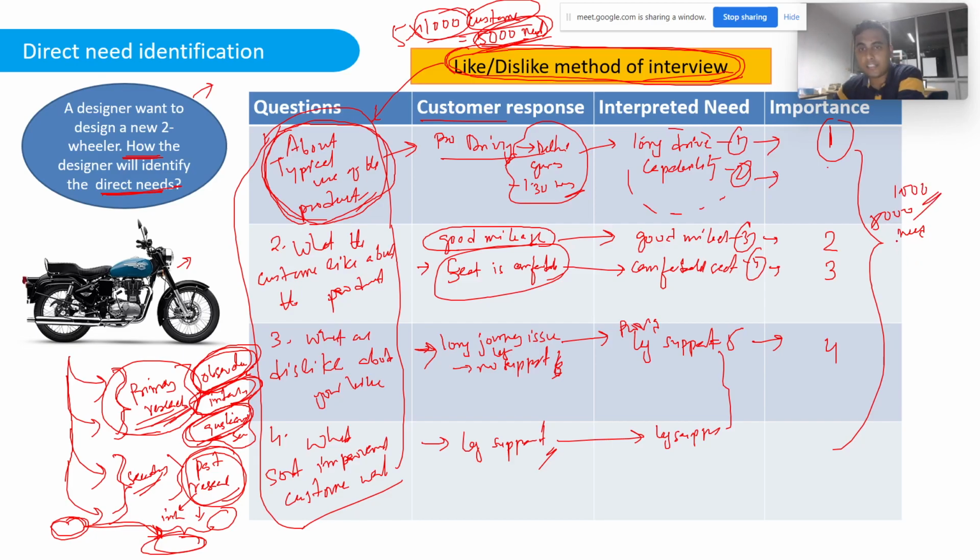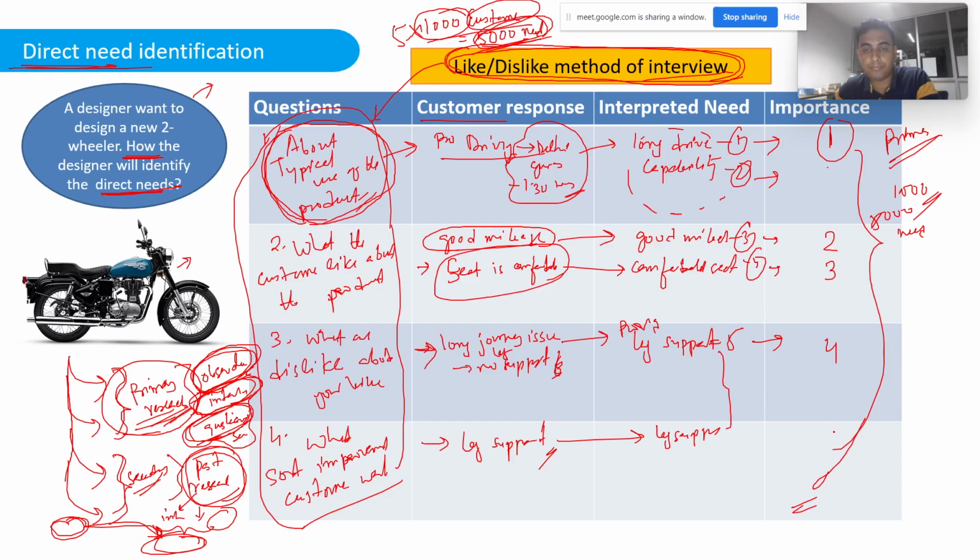Since these are straight observations, primary sources of information, you get what we call direct needs. This is what a user directly requires a particular product to fulfill. That's why it's called a direct need.